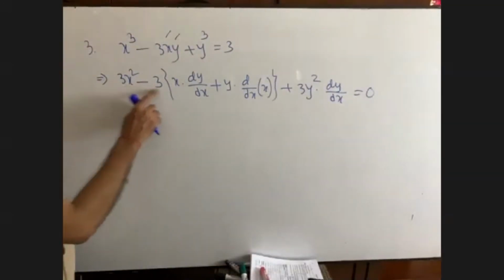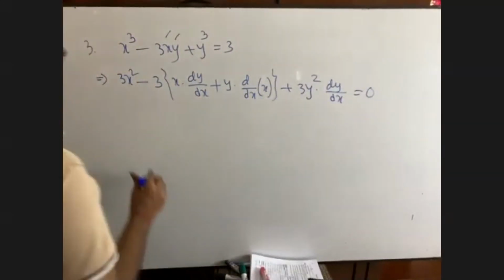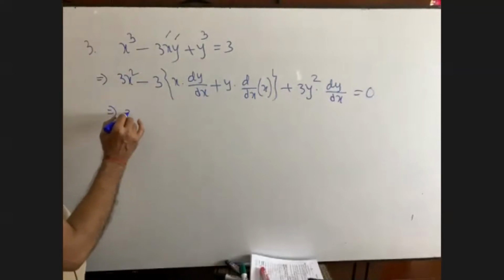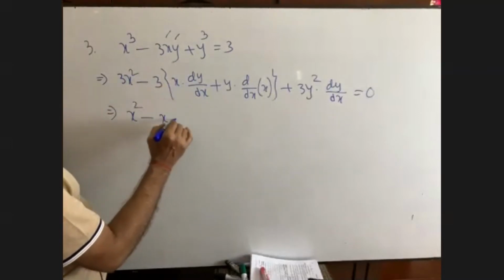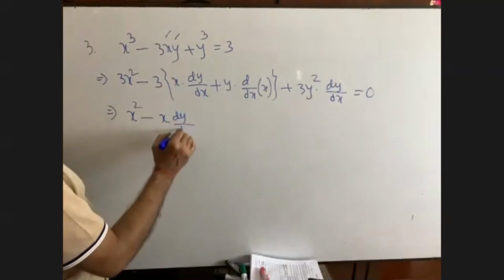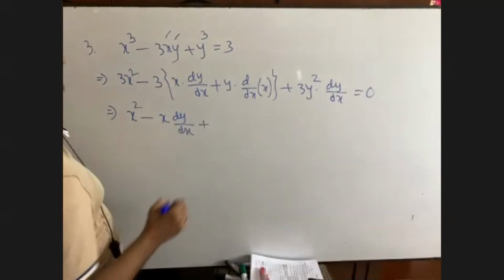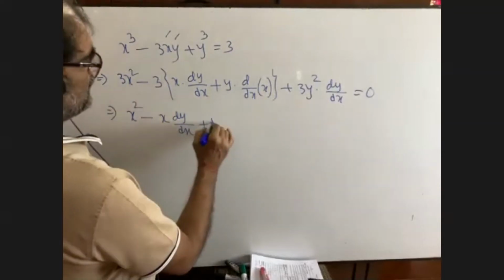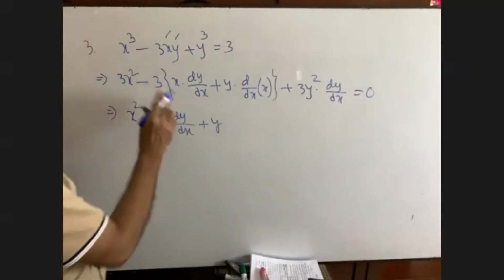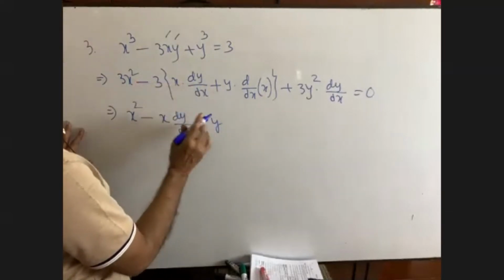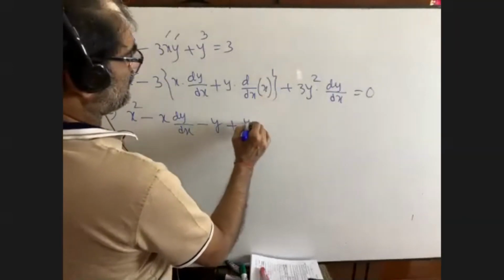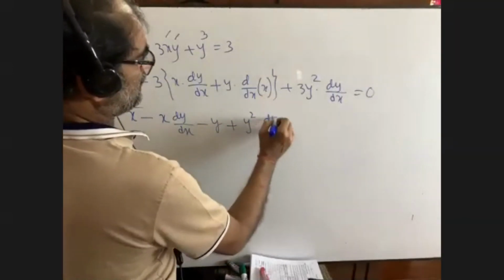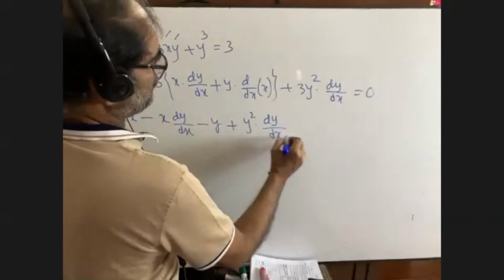Everywhere we get 3, so all 3 will be omitted. So we'll be left with x square minus x dy by dx minus y, and plus y square dy by dx is equal to 0.